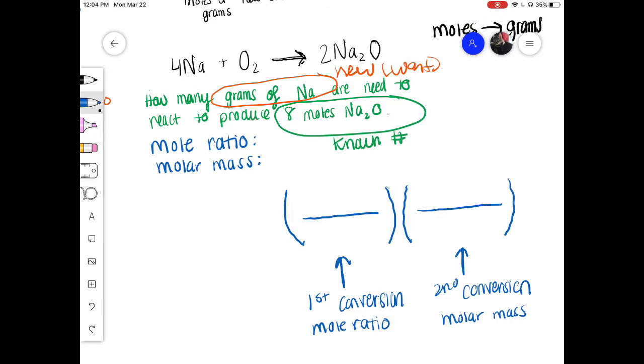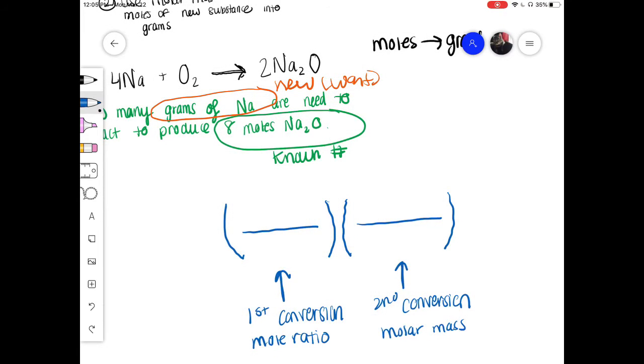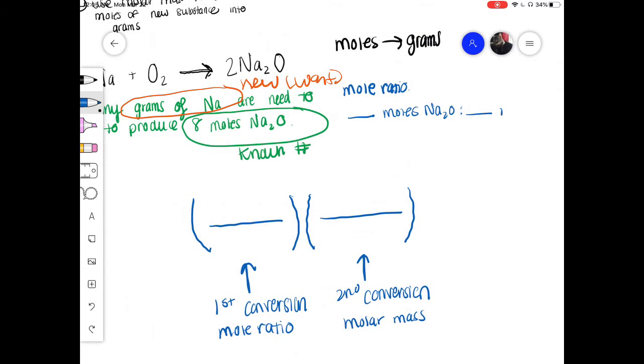We know that our mole ratio comes from our balanced equation. Because we are going from Na2O to grams of Na, that's what our mole ratio is going to be between. It's going to be a certain number of moles of Na2O to a certain number of moles of Na.